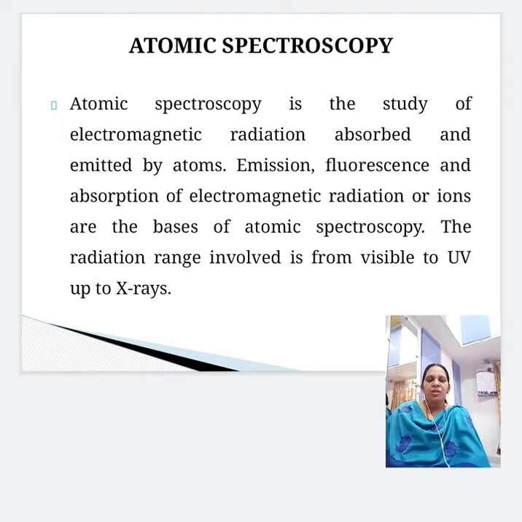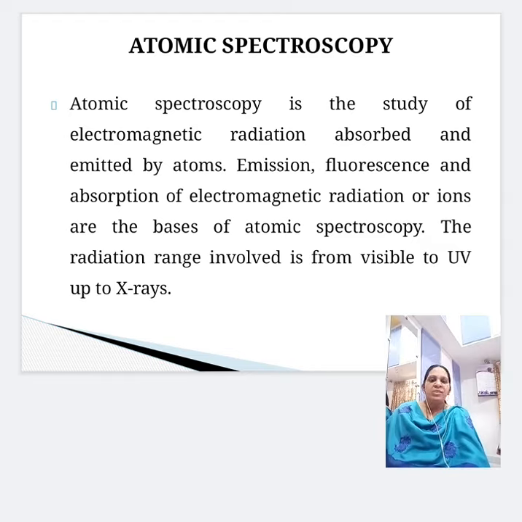So coming to the basic classification, as I told you, spectroscopy is classified into two types: atomic spectroscopy and molecular spectroscopy. Atomic spectroscopy is the study of electromagnetic radiation absorbed and emitted by atoms.